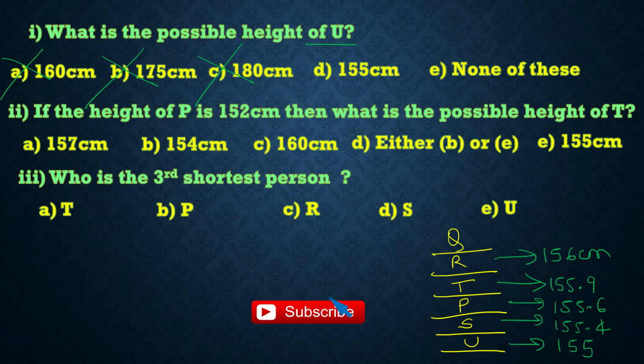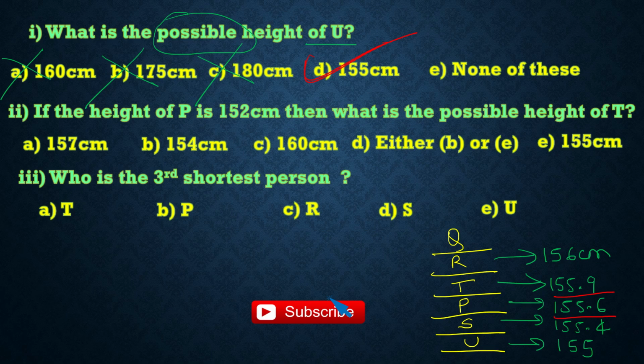So the possible height of U is 155 centimeter. The answer will not be none of this, because in terms of height you can do 155.91. But in terms of pens, pencils, chairs, tables, it cannot be. You can't break that. Correct?